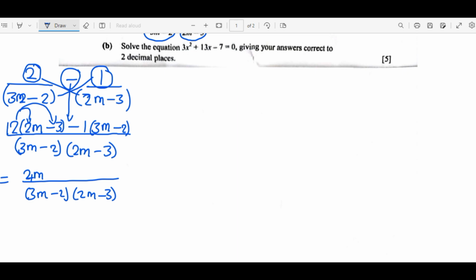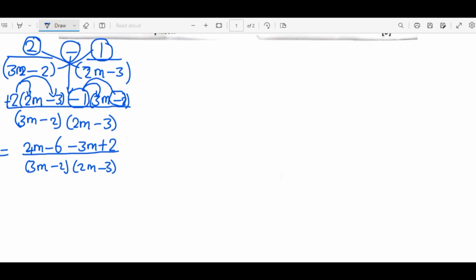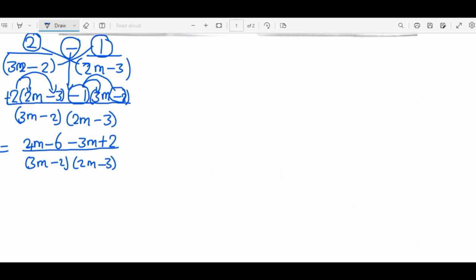A positive number times a negative number, the product should be negative. So 2 times 3 is 6. Then we move on to this one. This is negative 1 times positive 3m, which will give us negative 3m. Then the same negative 1 times negative 2 will give us positive 2. Remember, whenever you multiply same signs, the product should always be a positive.